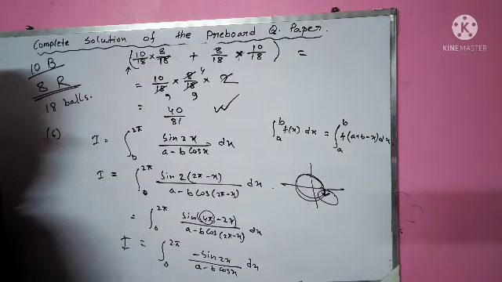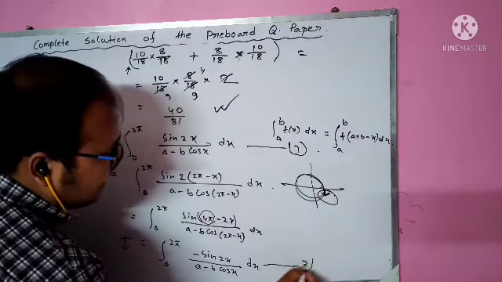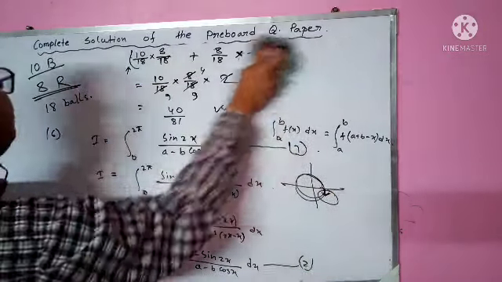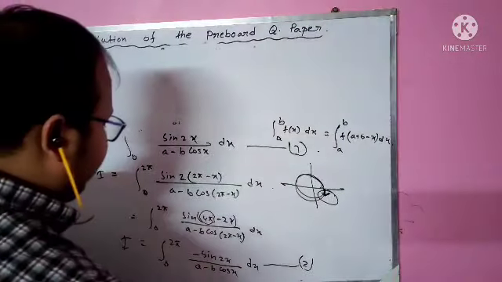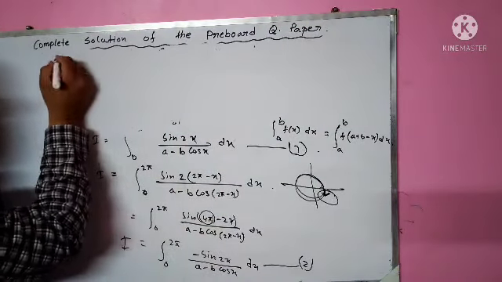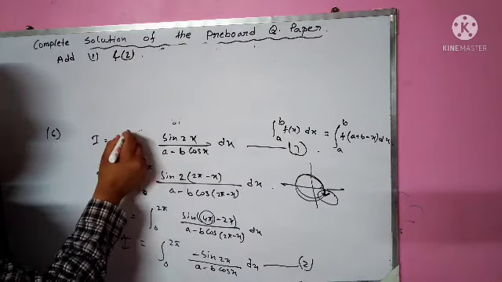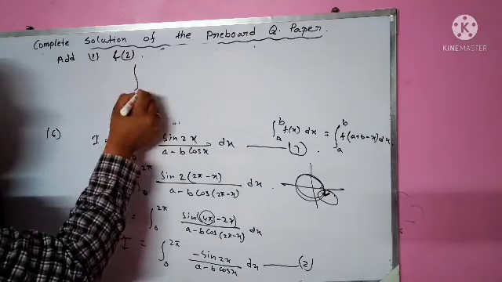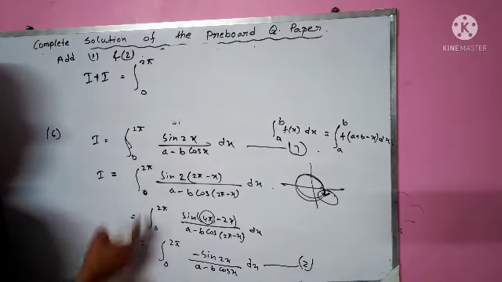Now the given one was our first equation, and this one we will take as our second equation. Let us remove the upper portion of the board. Now we will add these 1 and 2. Once we add them, the limits are the same: I plus I, 0 to 2 pi.